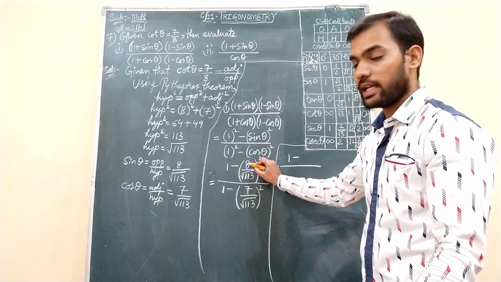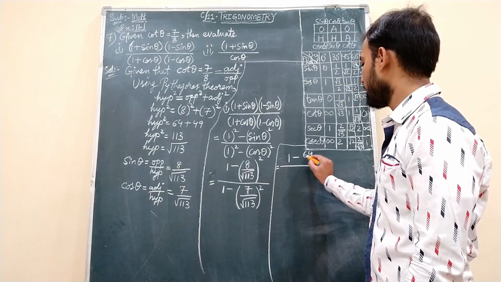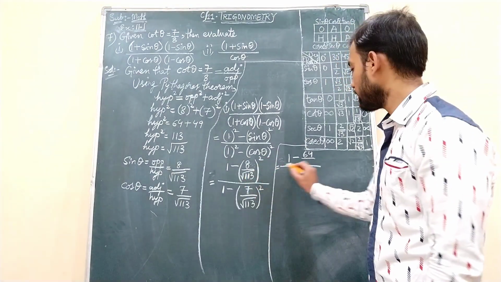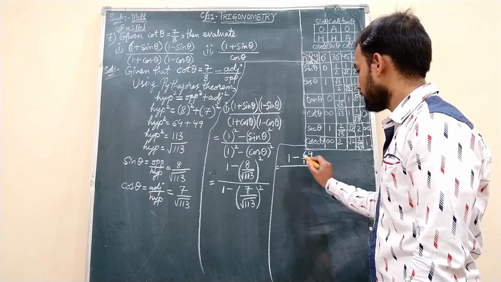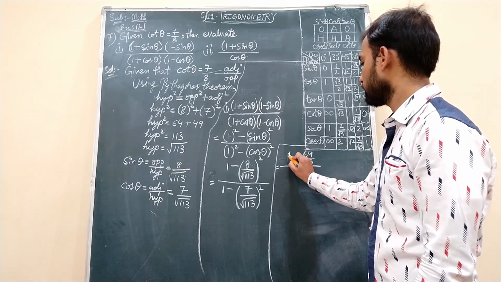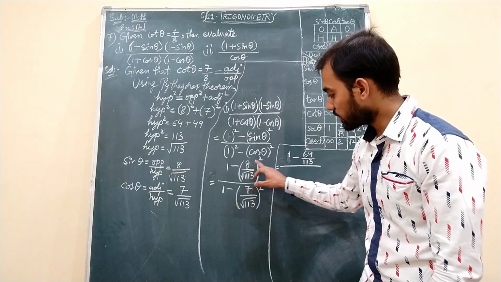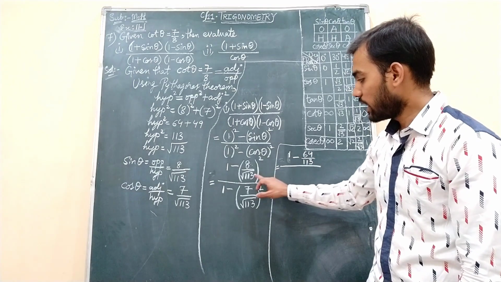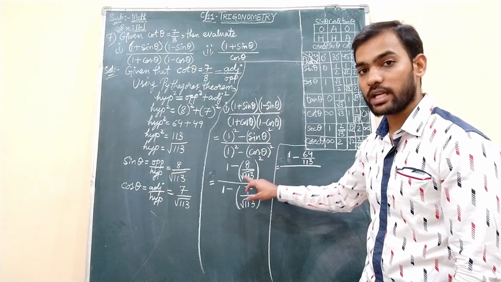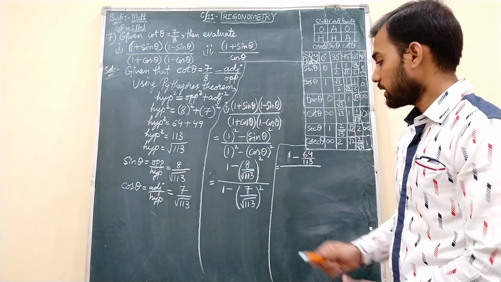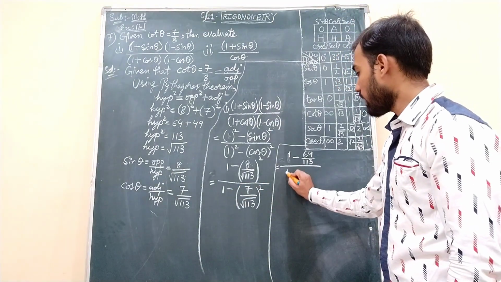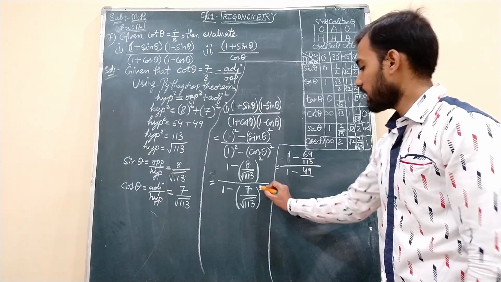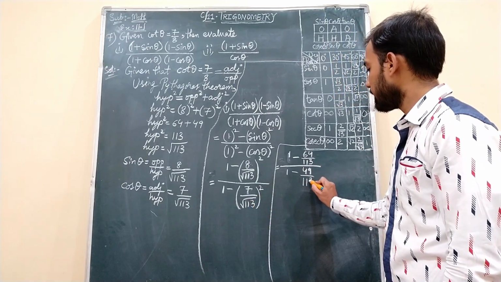When you square 8, you get 64, divided by 113, because square and root cancel. Denominator also the same: 1 minus 49 divided by 113.